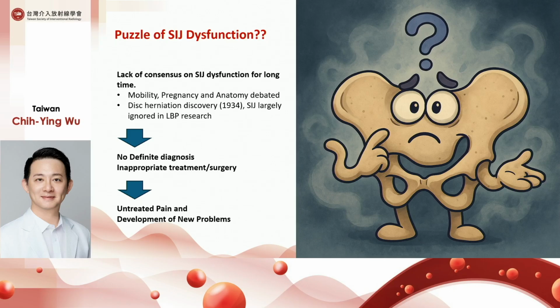Besides, since the disc herniation was discovered in 1934, many physicians tend to believe that low back pain always comes from the spine. So SI joint pain is largely ignored in low back pain research. Without a definite diagnosis, the patient may receive inappropriate treatment or surgery, which fails to relieve pain and also develops new problems.